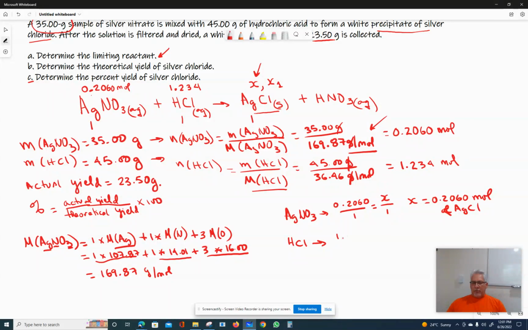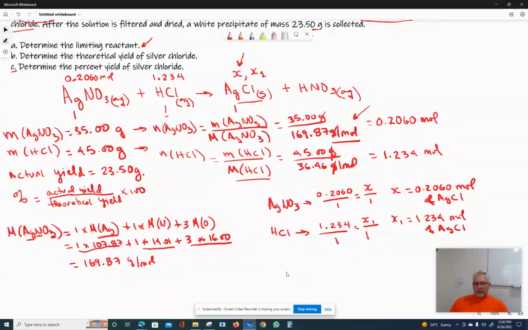So I'm going to put 1.234 over 1, which is the coefficient here, equals x1, which is the product that I will get for silver chloride if only hydrochloric acid reacts. And again, this is just cross multiplication, so the answer is 1.234 mole of silver chloride if only hydrochloric acid reacts.